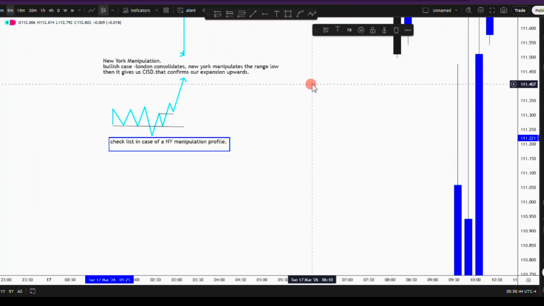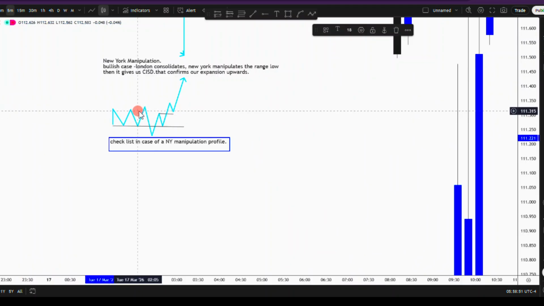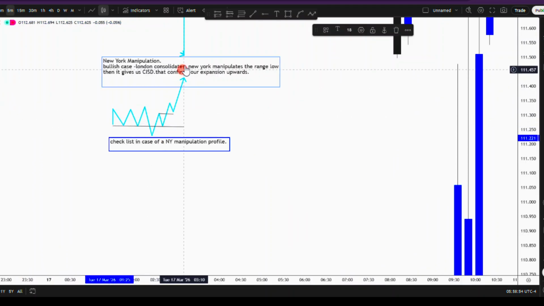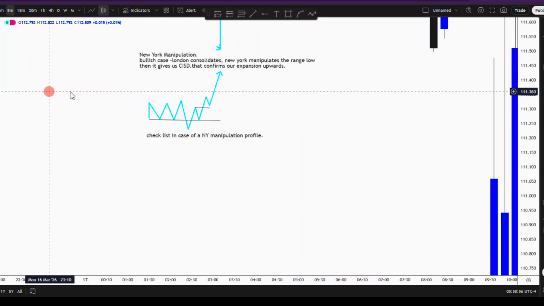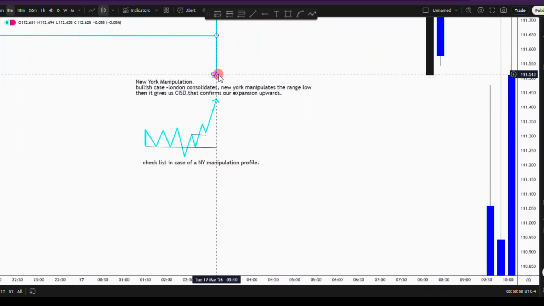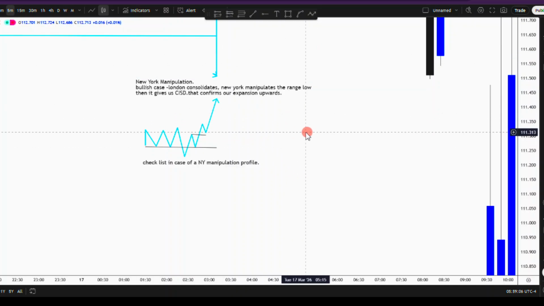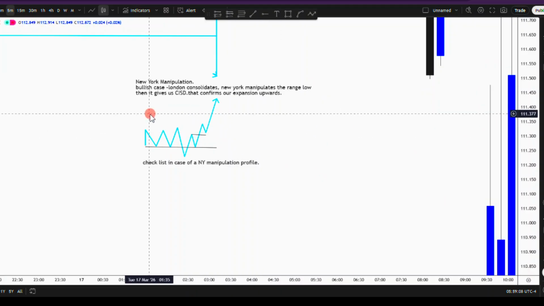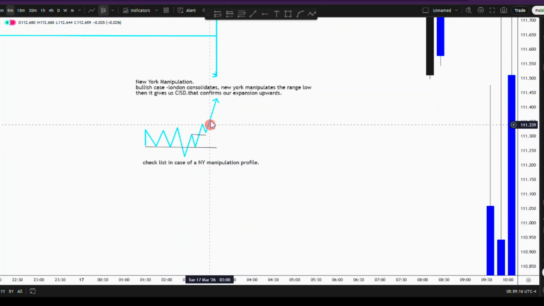As I said last time, it's an AMD: accumulation, manipulation, distribution. And in this case, we had an accumulation, a manipulation, and then a distribution. In short, what forms the daily profile is the PO3, the power of 3. So you have to consider how did the previous session behave. If the previous session accumulated, now we expect this session to manipulate, and then we have a distribution.